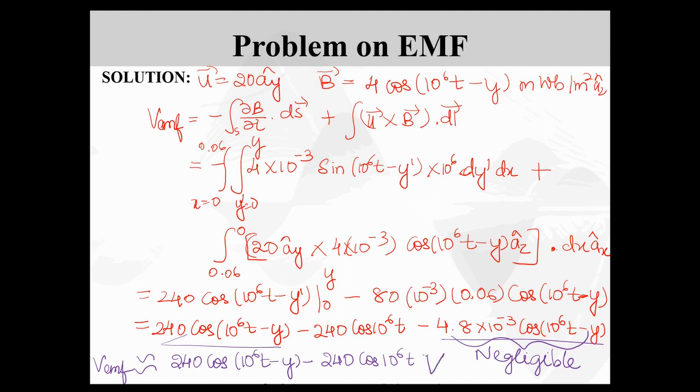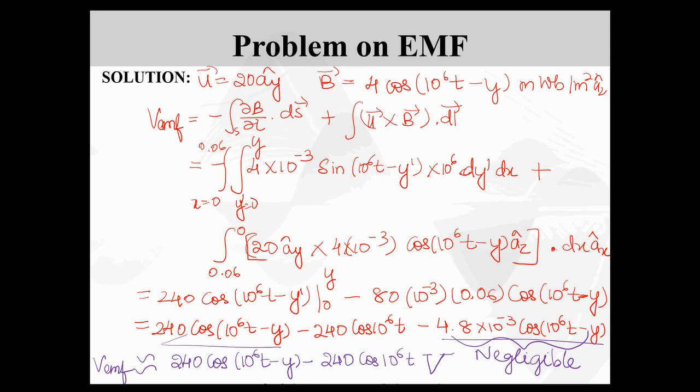So this will be in volts. So we are approximating it. Further, you can use the cos A minus cos B formula and simplify this, or else you can stop at this stage itself. So these are the three scenarios we have come across in the study of EMF. Here we have taken a simple example to illustrate all three scenarios, and how to find the induced voltage.